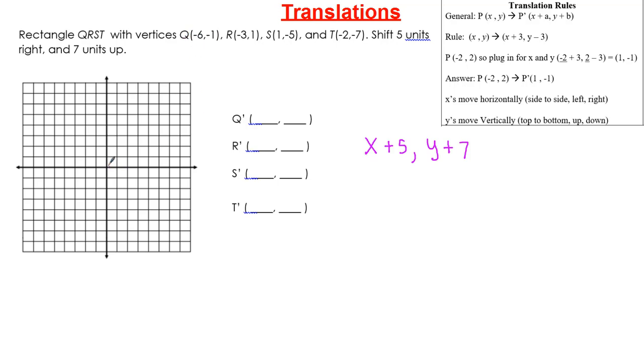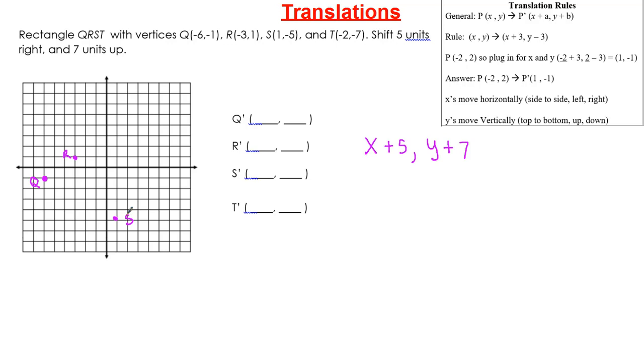Alright, so I go to -6, 1, 2, 3, 4, 5, 6, and then down 1. So this is going to be my point Q. And then for R, I have -3, 1. Alright, so that's R. And then S, 1, -5. And feel free to skip this part if you already know how to plot.